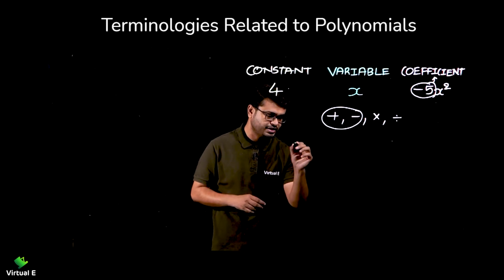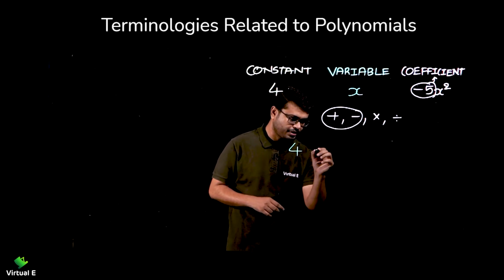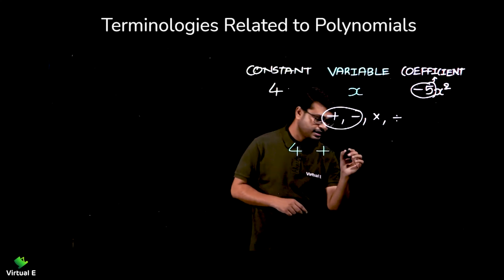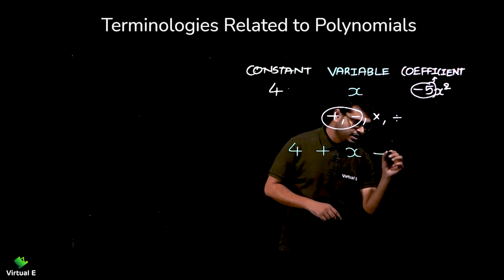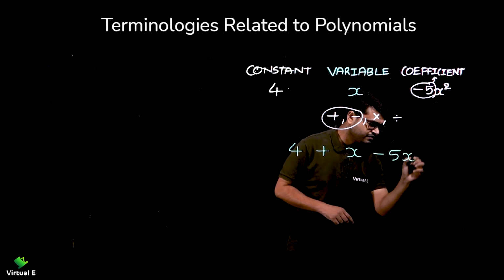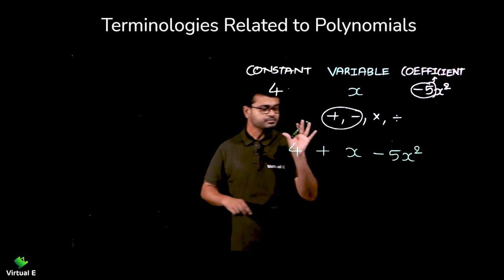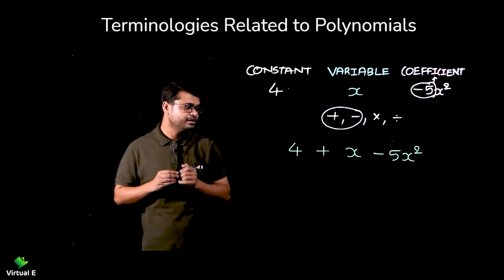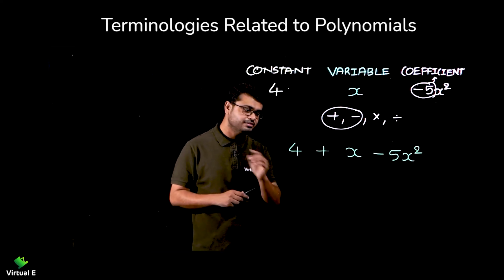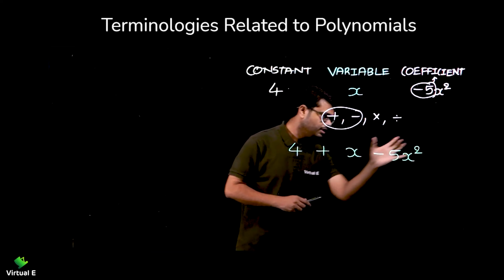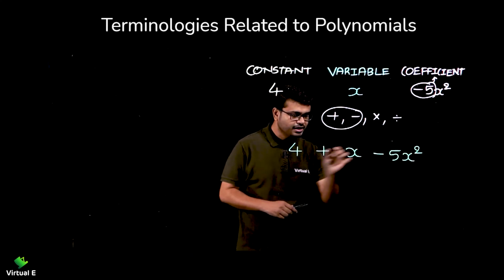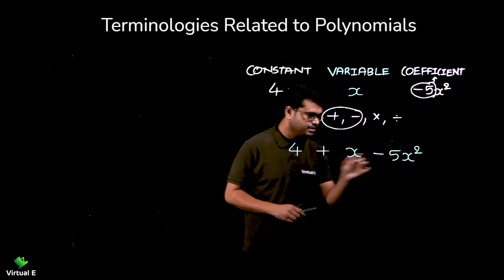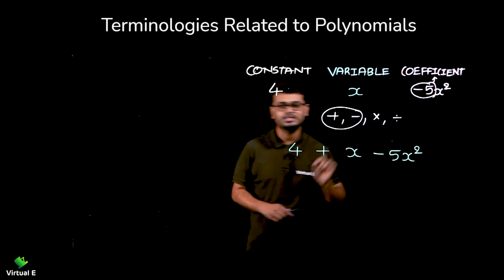First of all, let's write 4, then operator plus, then x, then operator minus, and let's keep minus 5x square. You can see over here that I have 1, 2 and 3 terms, connected by operators, plus here, and minus in this case.